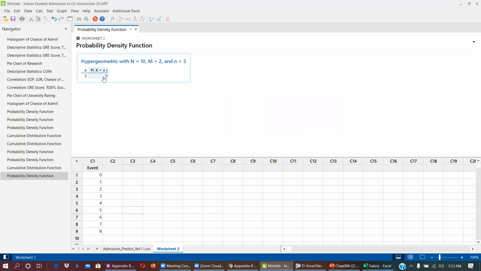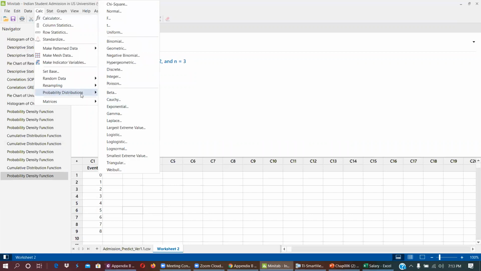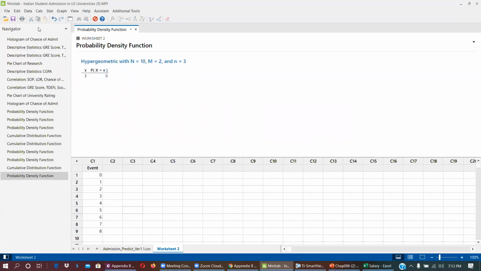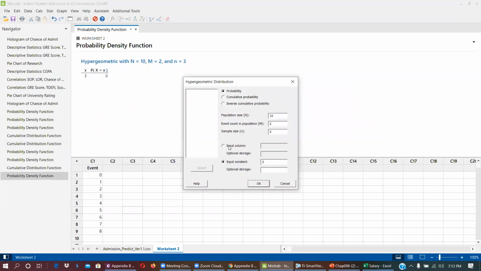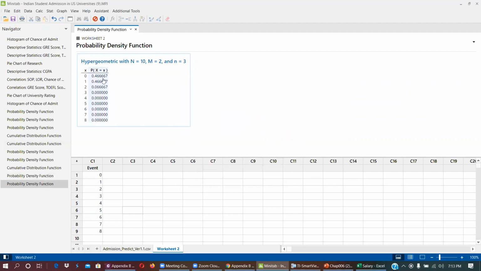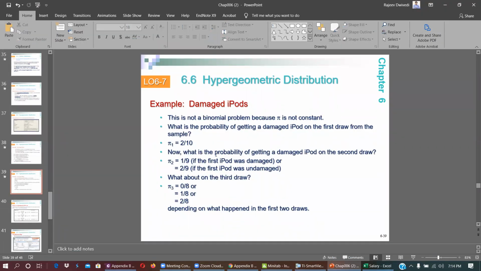So this is the hypergeometric that you can use right here. I choose this option and you can see this is the probability. It has probability only up to the second, because only 2 are damaged, the rest are 0. So this is the hypergeometric probability.